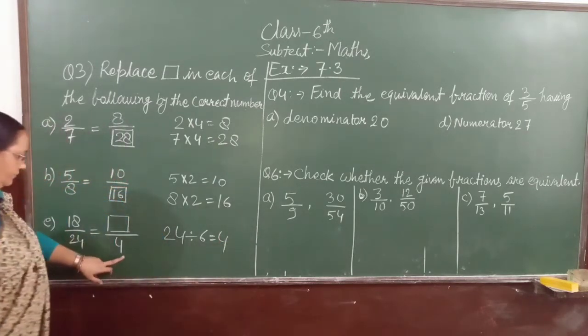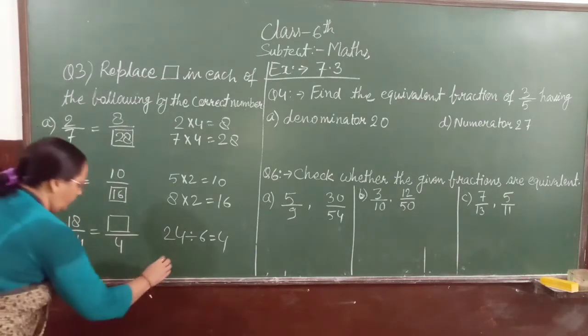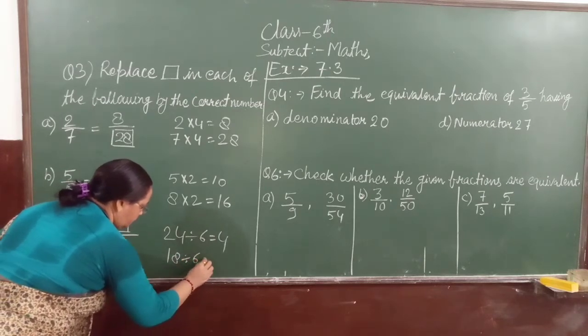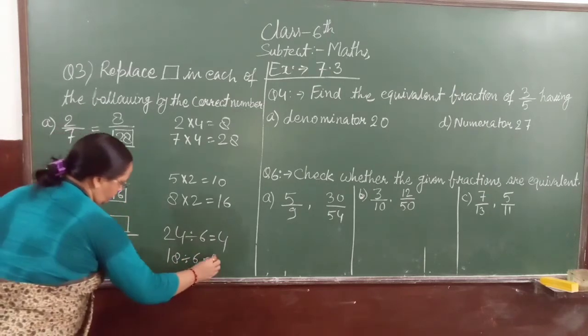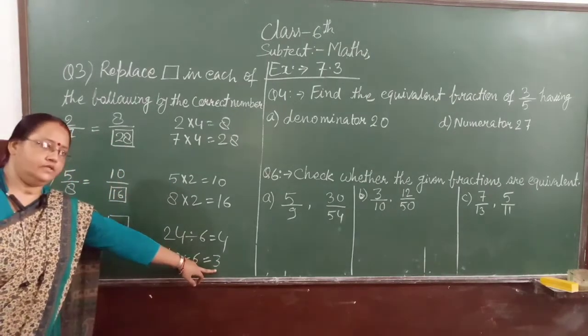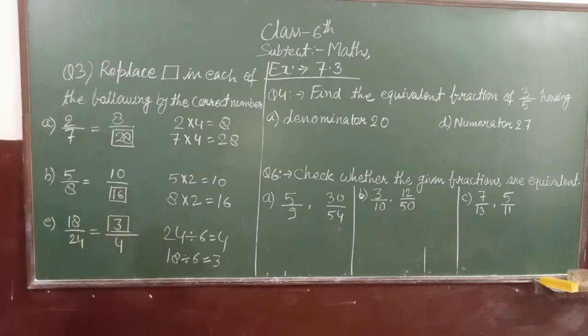Then we get 4 now. So we have to divide 18 divided by 6. 6 3s are 18. So appropriate digit is 3. Like this process, we solve this type of question.